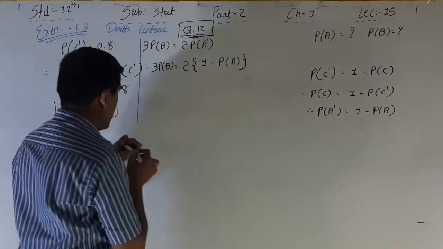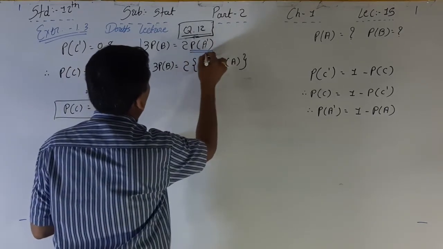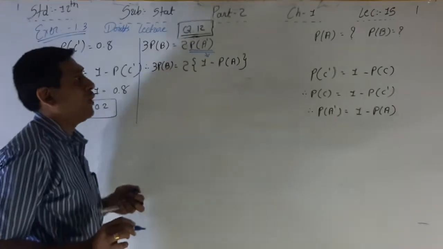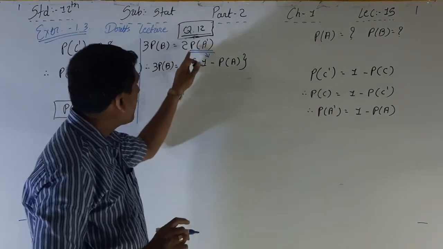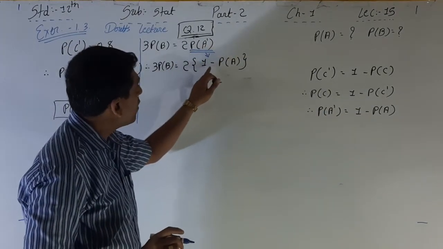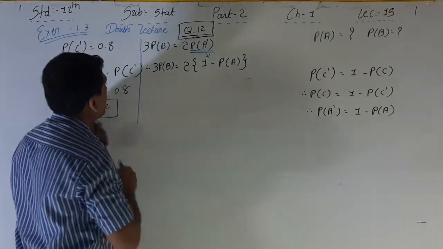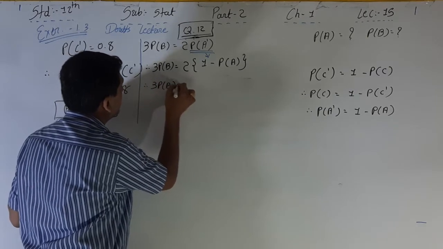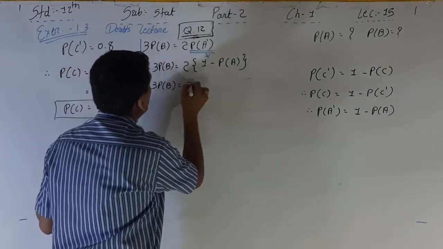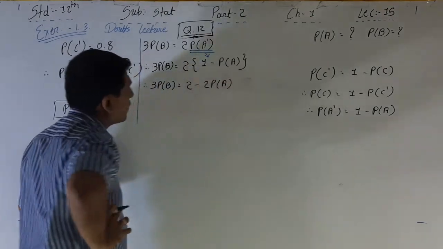Right? See here, I am writing on behalf of P of A dash, 1 minus P of A, 2 into bracket 1 minus P of A. Right? Now simplify this. 3 P of B is equal to 2 minus 2 P of A. Right?